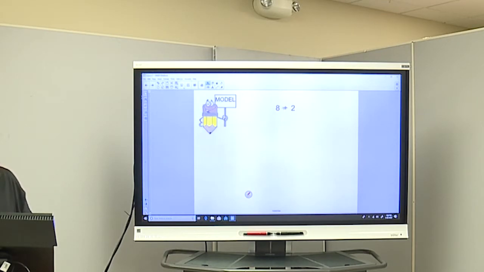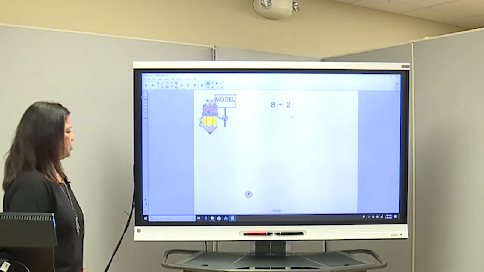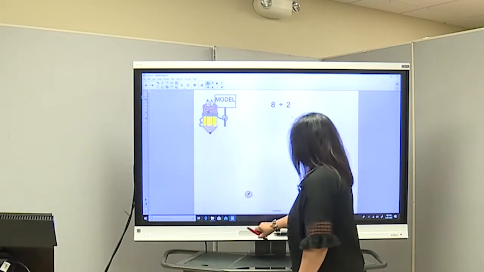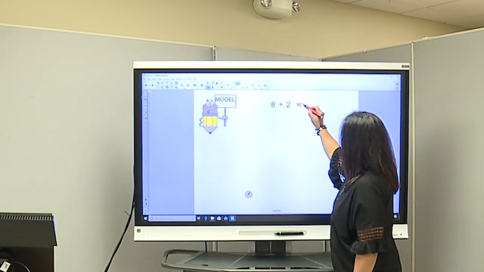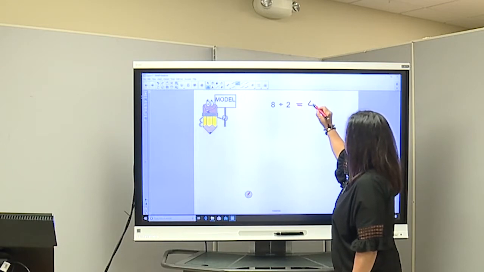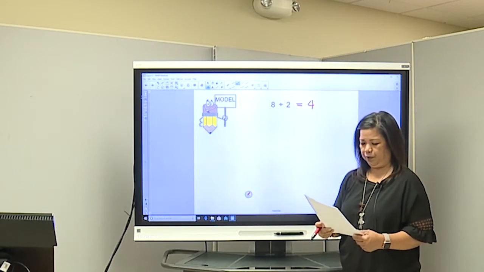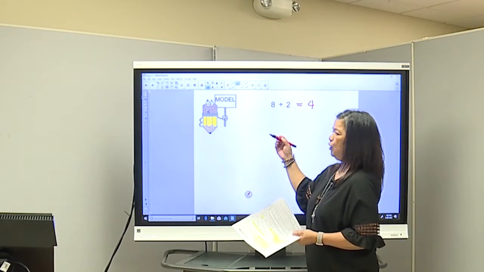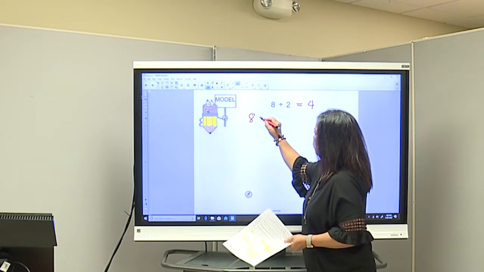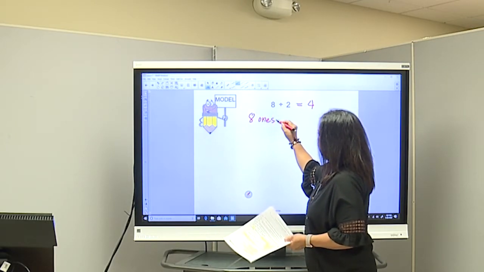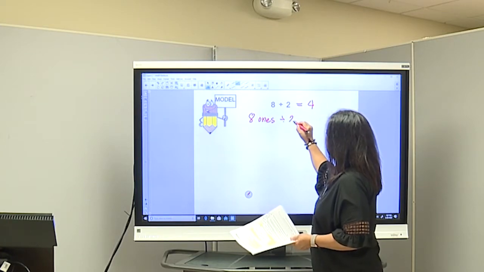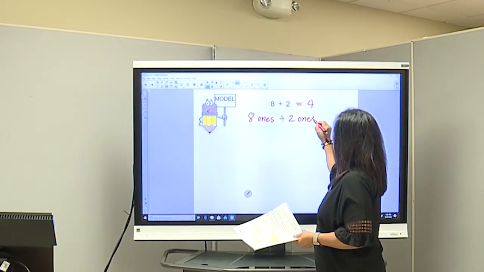look at this expression. It says 8 divided by 2. So let's answer that. 8 divided by 2 is what? Of course, 4. Okay. Now, let's try a unit form. 8 ones divided by 2 ones.